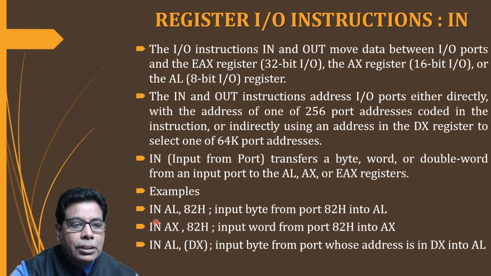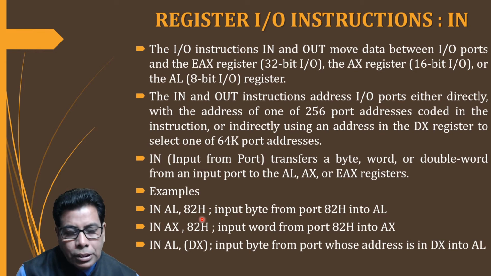Here we have taken examples. If you give the instruction in AL, 82H, this instruction will input a byte from port 82H into AL. So 82H is the port address.